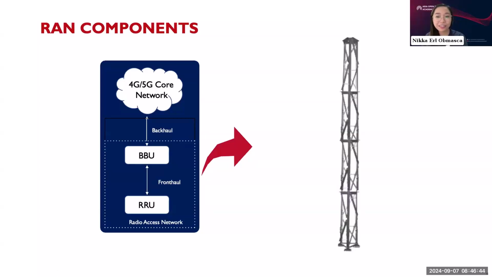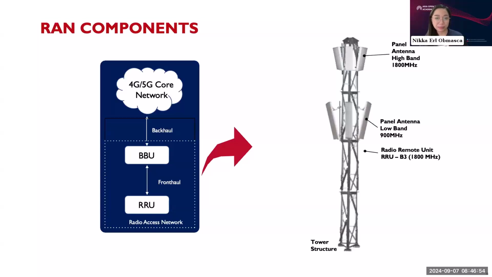So, aside from the physical structure or the tower structure, we have what we call the antennas. So these antenna system is responsible for transmitting and receiving radio signals between our user equipments and the RAN components.